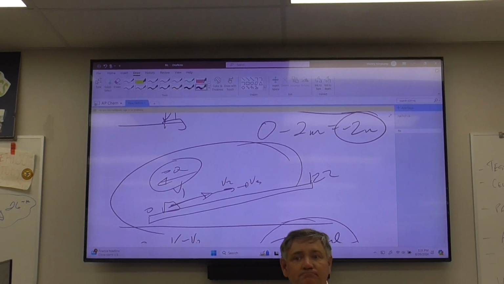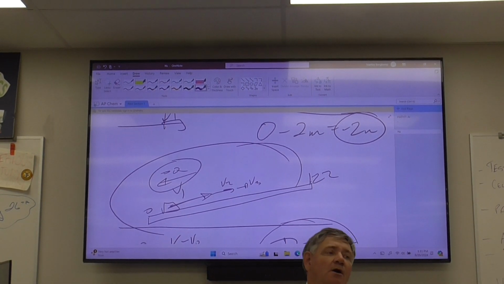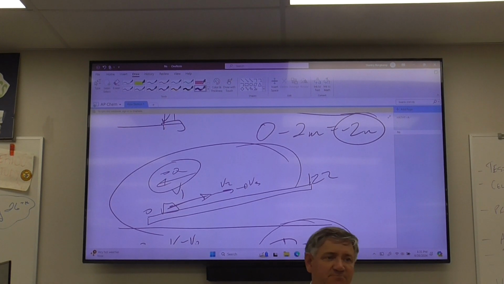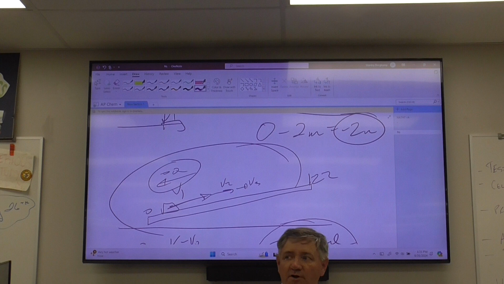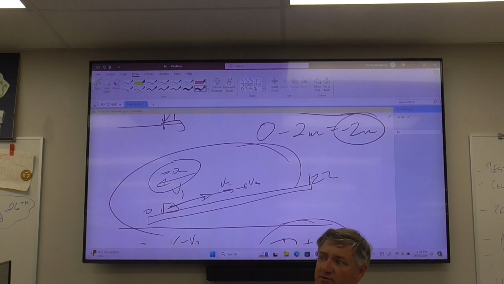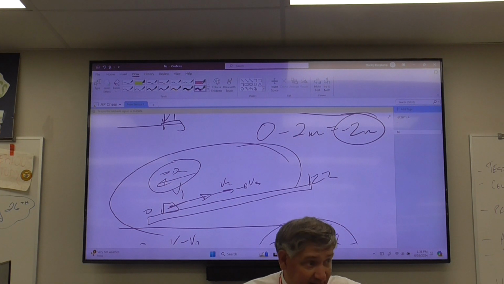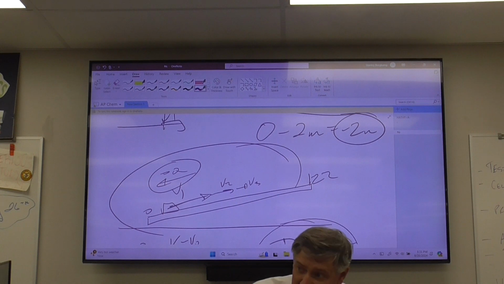On the way down, you think, oh, it begins to speed up, therefore I should have positive acceleration, because you think positive acceleration means that you speed up. And it can, but positive acceleration can also make you slow down.